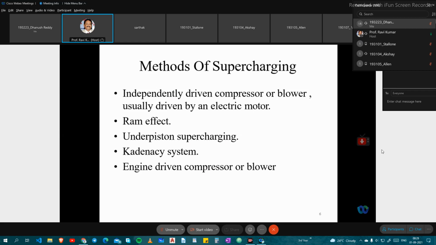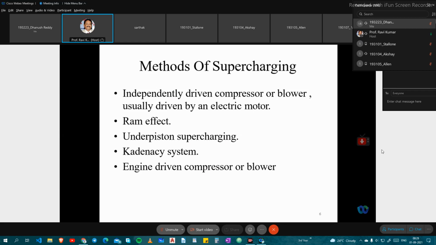This is called the RAM effect, under piston supercharging, and the CANDAC system. You have an engine driven compressor or blower. Initially the blower or supercharger starts with your engine drive, then later the camshaft and crankshaft carry out the blower operation.